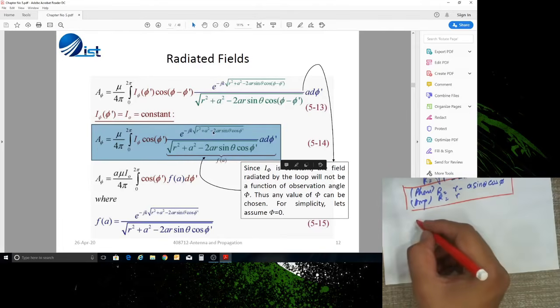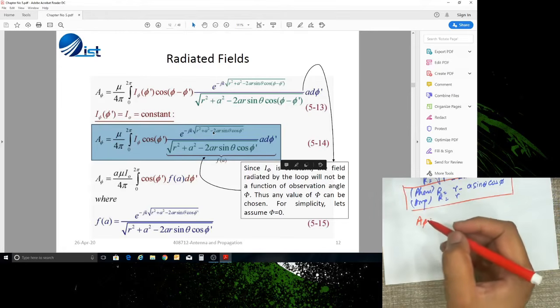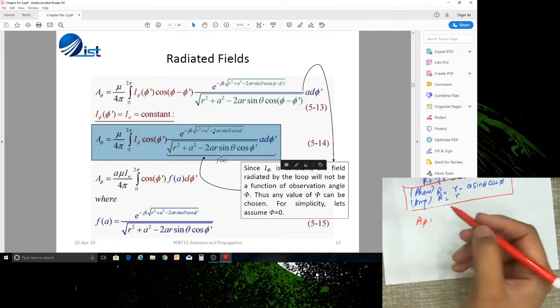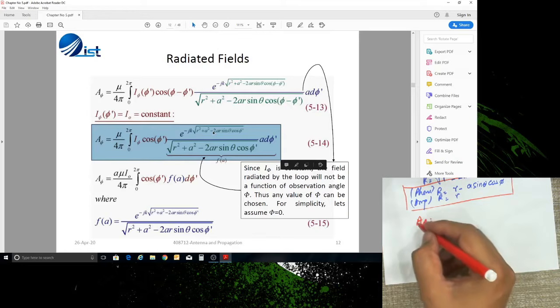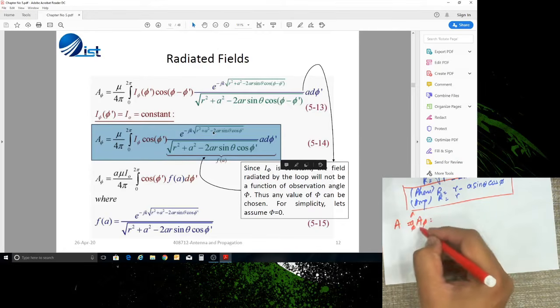So here we have A phi naught, and if you remember last time we talked about this: in the case of a circular loop, the only component in the auxiliary function that will exist is A phi. A theta and A r will be equal to 0. We've already seen it in the last lecture. So the only component in A will be the A phi component.